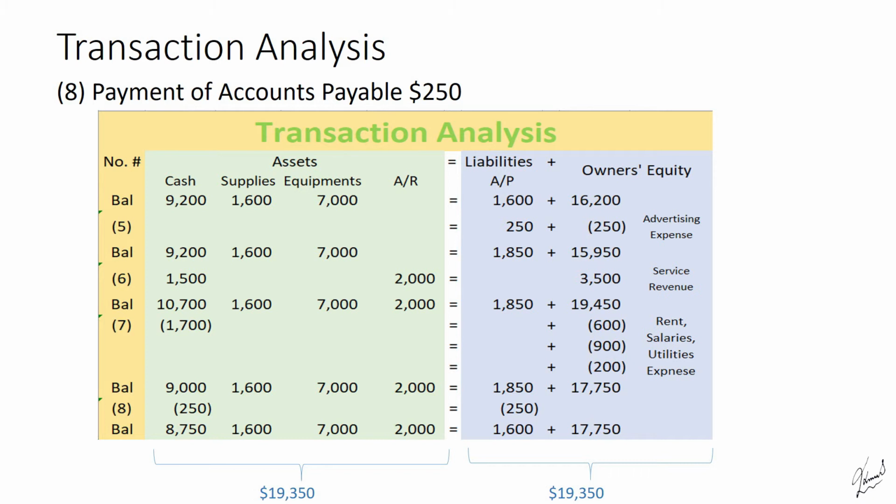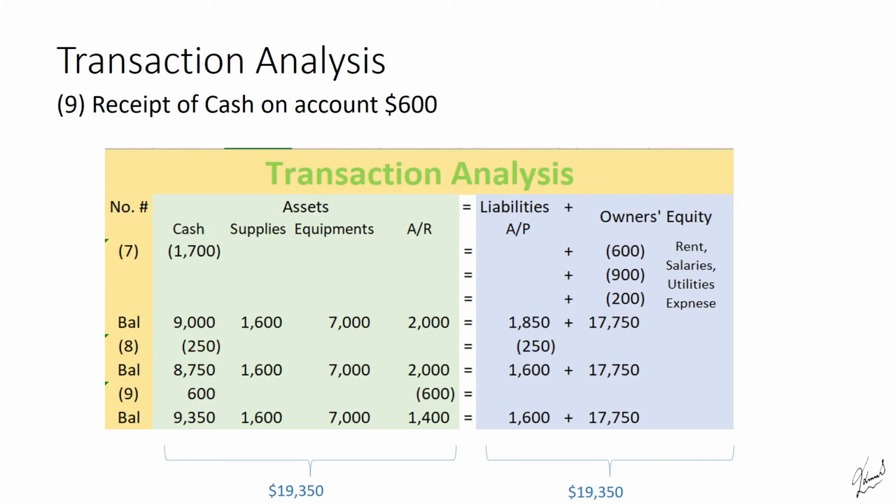If you add all the assets, that is 8750, 1600, 7200, you get 19350. At the same time, if you add liabilities and equity, that is 1600 and 17,750, the amount is 19350. So, as I told you earlier, the accounting equation says assets are equal to liabilities and equity. Here, the sum of all the assets is equal to the sum of liabilities and equities. So, let's move to the next transaction.